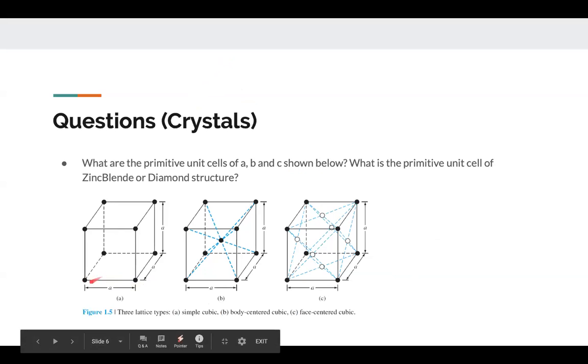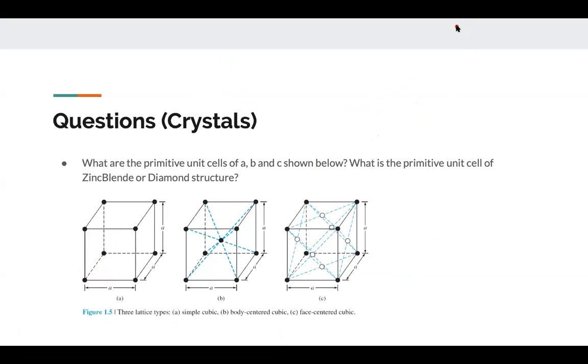The first one, for A, is just... Can you guys see my pointer? Type yes in the chat if you can see my pointer. Okay.